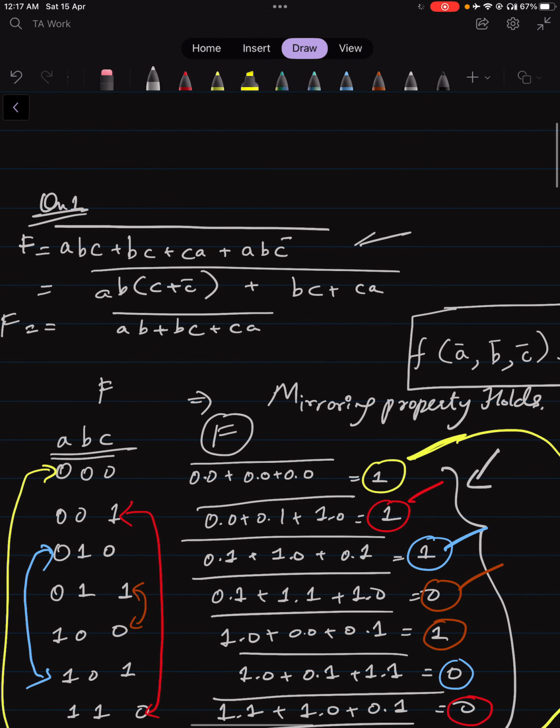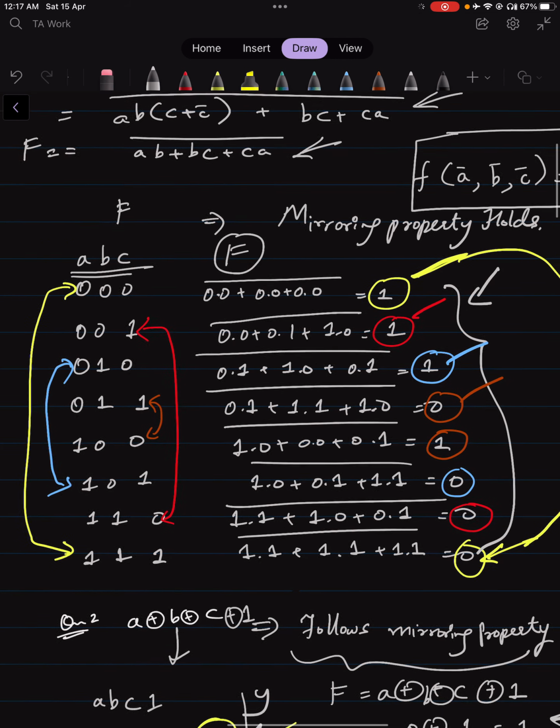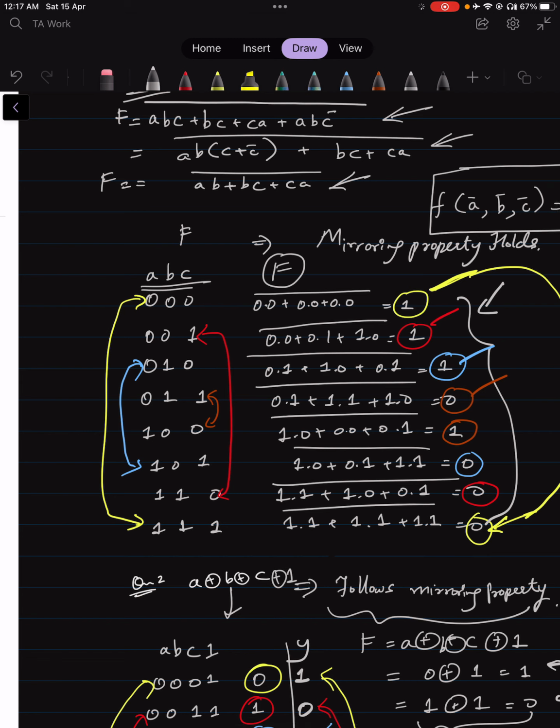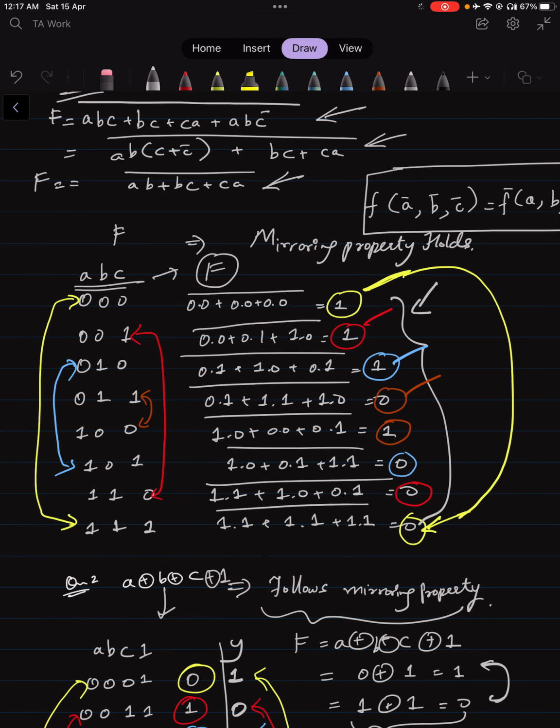The expression can be reduced as shown here to AB plus BC plus CA the whole bar. Now, when you go back and write down the truth table for ABC and F, you will obtain this table, and you can see from the colors here, which are yellow, red, blue, and orange, that F of, for example, A bar, B bar, C bar, in this case would be 1, 1, 1, and the value for that will be 0.